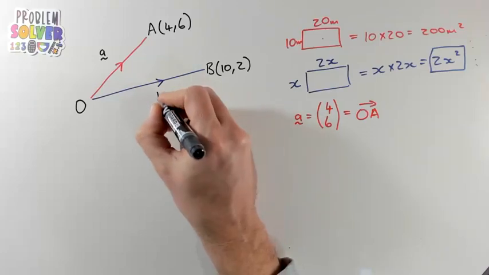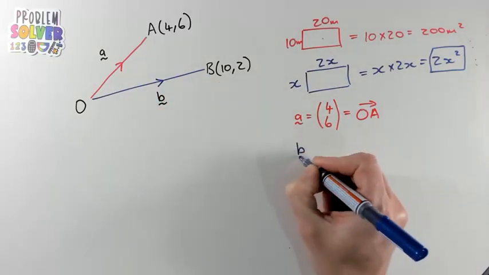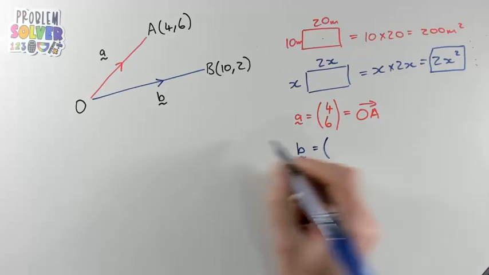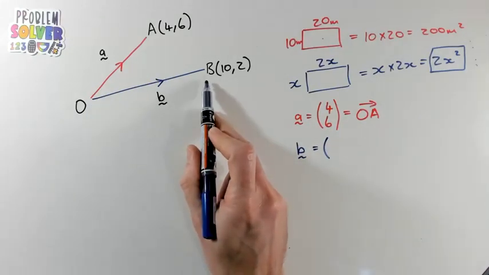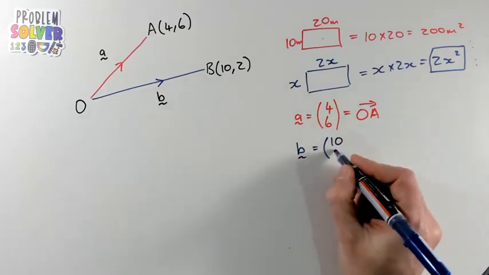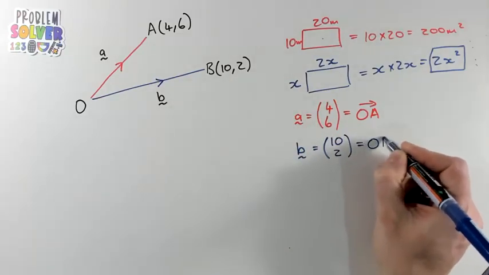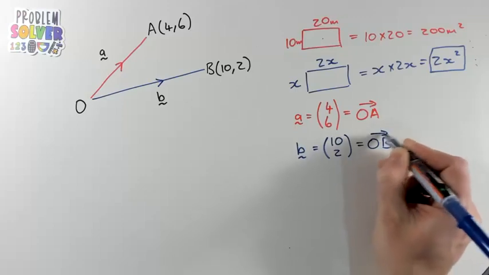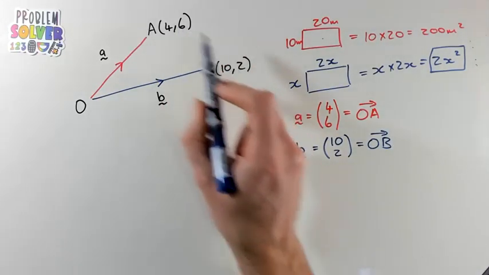Okay, let's say that's B. So for B, if I wanted to write this as a column vector, I started at 0, 0. So I went 10 forward. So that's 10. And I went 2 up. So that's 2. And I can also express it as OB. Very important, I'm showing the direction, OB. Now, I have the numbers.